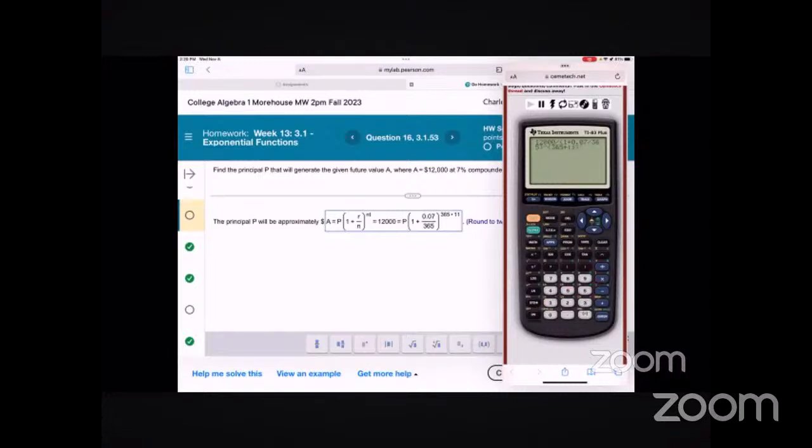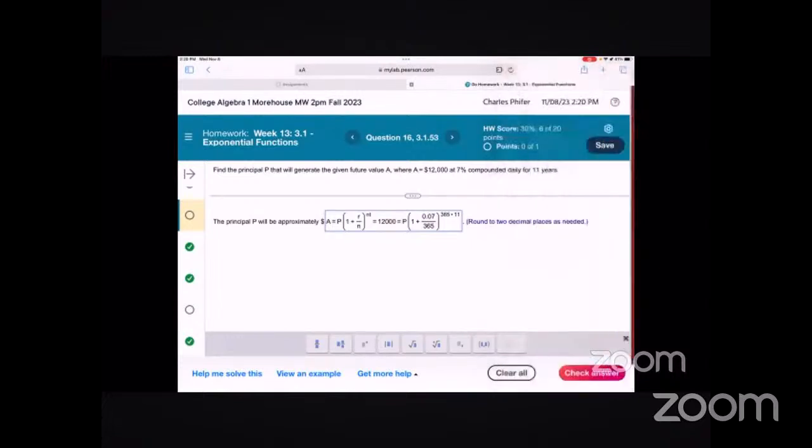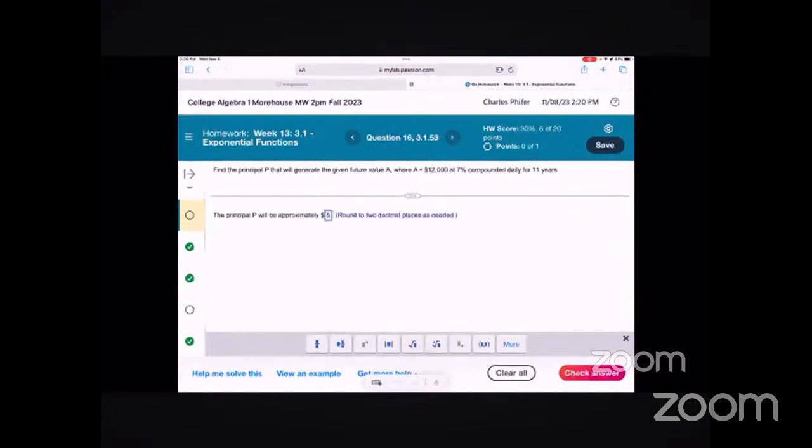I think we typed it in properly. I can't see any mistakes, not to say they aren't there. We're going to go with it. It says rounded to two decimal places, right? 5556.57.